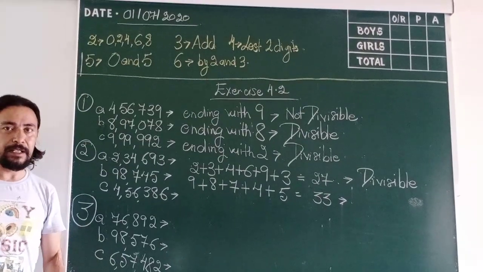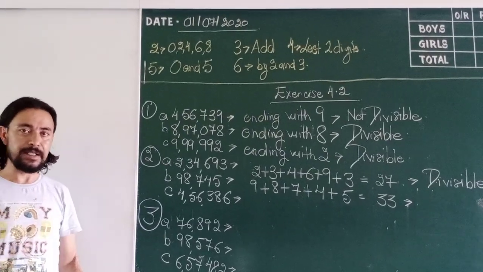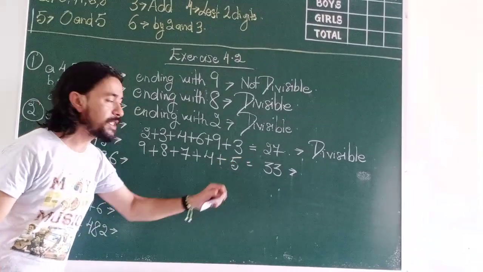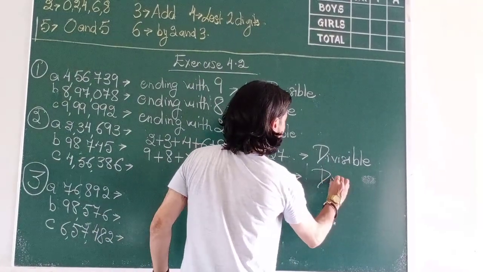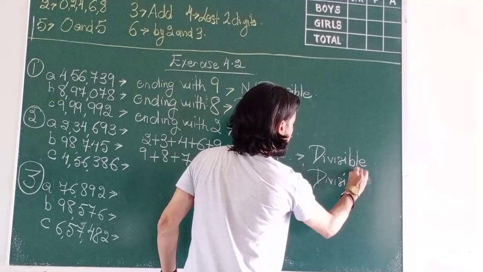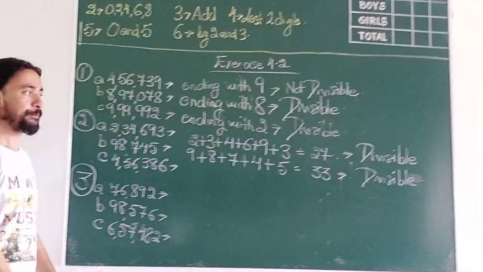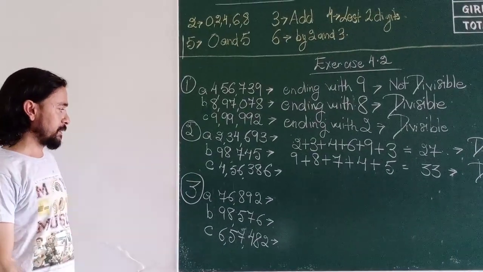Does 33 come in the 3 times table, or is it divisible by 3? Yes, it comes in the 3 times table because 3 elevens are 33. So yes, this entire number will be divisible by 3. So I write divisible. Let's go to the next.